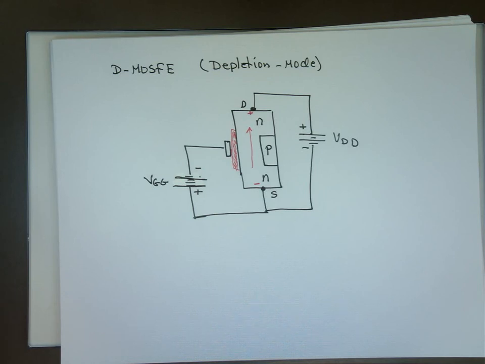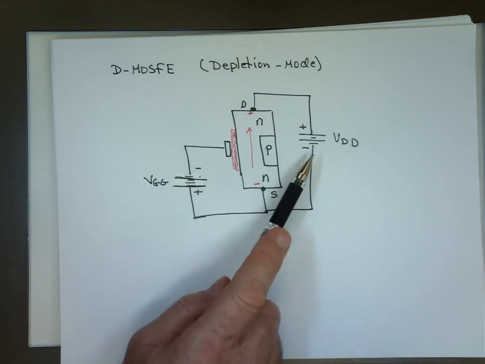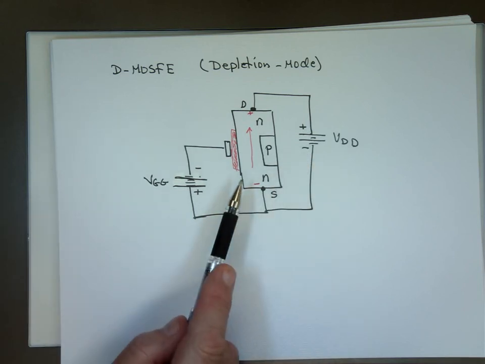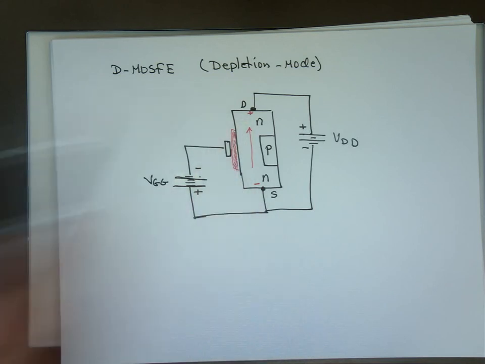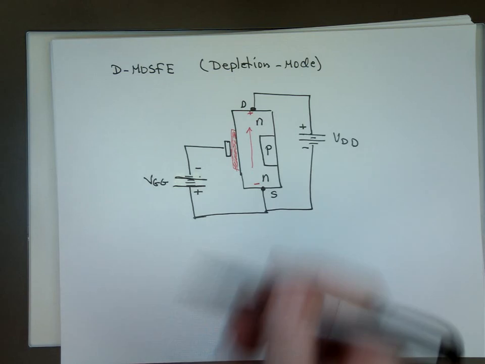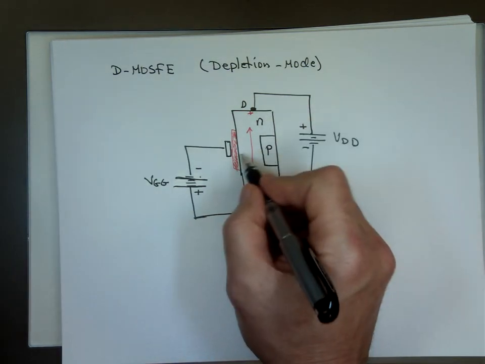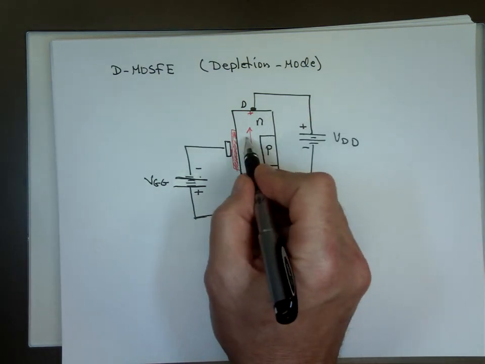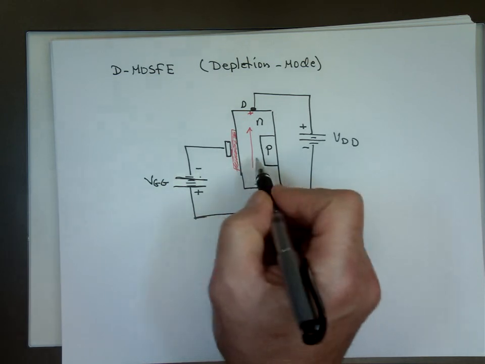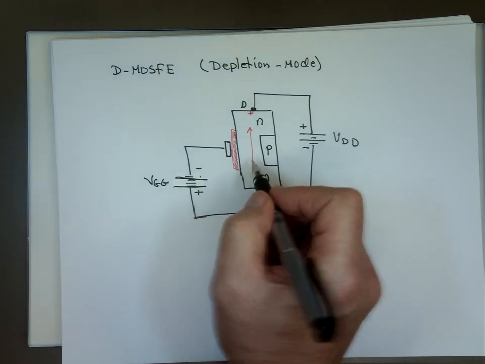So VDD forces free electrons to flow from the source to the drain. I made this one really big here, but that channel is very small. I made it big just to show you.